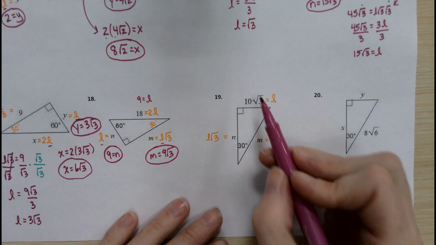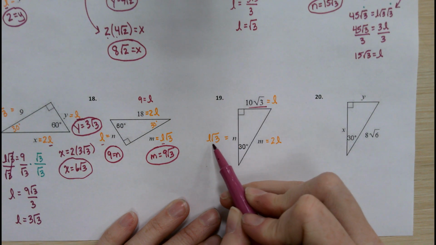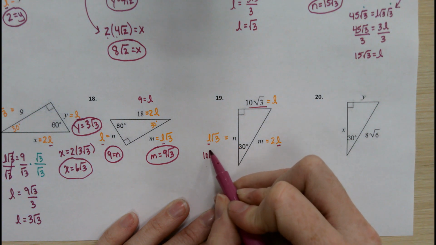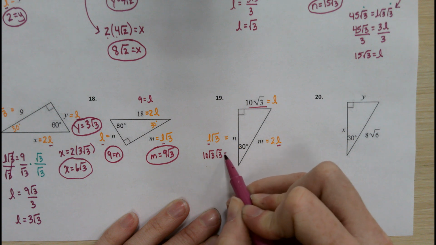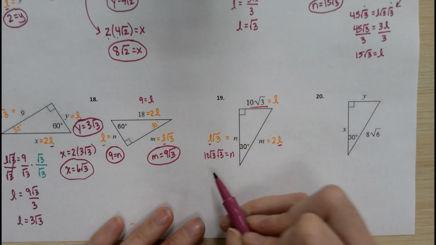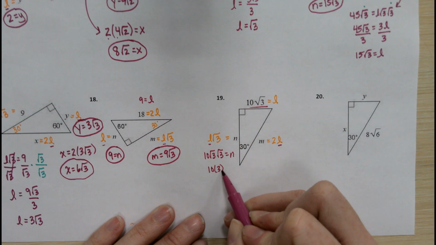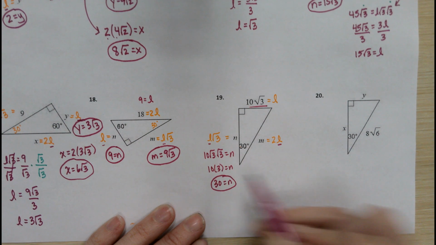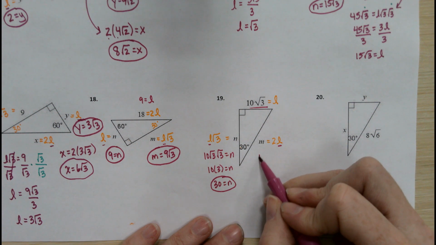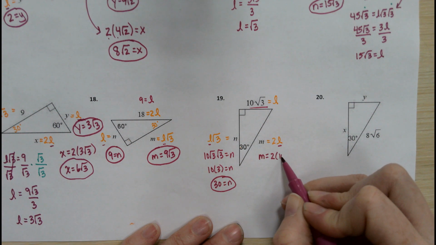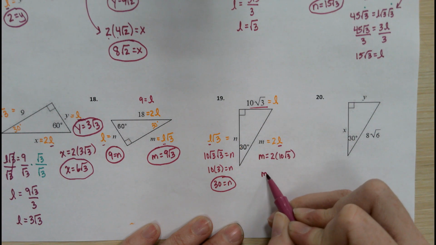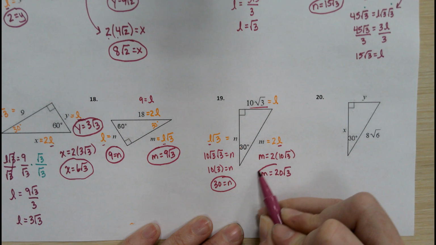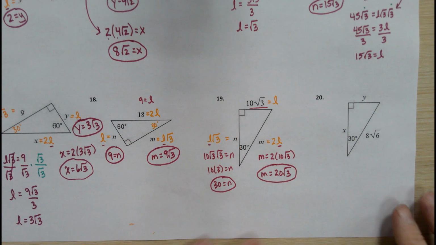We already have our L, so we're going to plug 10 root 3 in everywhere we see an L. 10 root 3 times root 3 equals N. That's really 10 times 3 if we simplify, which means N is equal to 30. M will be 2 times 10 root 3, which if we simplify by multiplying those coefficients together means that M is going to be 20 root 3.